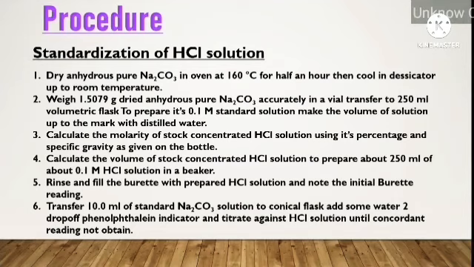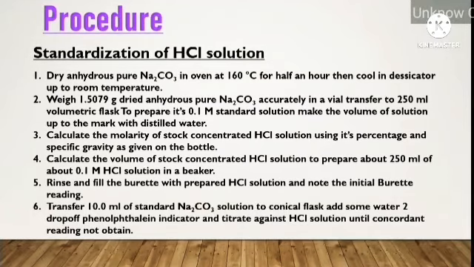Now in the third step, calculate the molarity of stock concentrated HCl solution using its percentage and specific gravity as given on the bottle. Now in the fourth step, calculate the volume of stock concentrated HCl solution needed to prepare 0.1 molar HCl solution in a beaker.